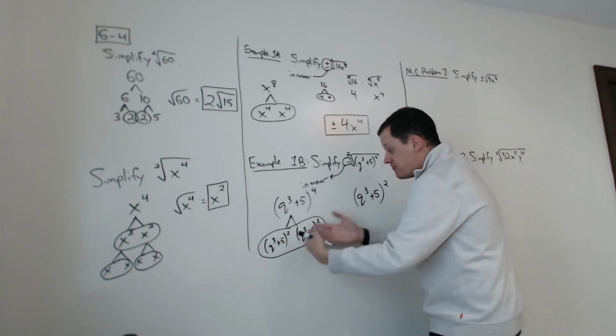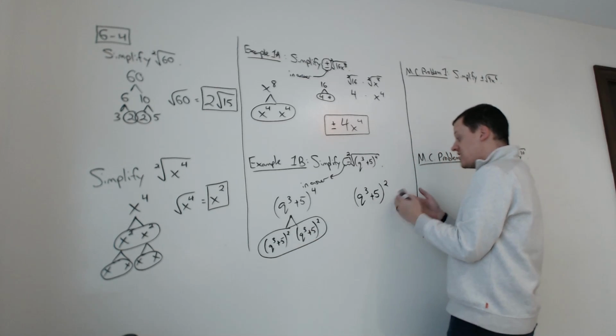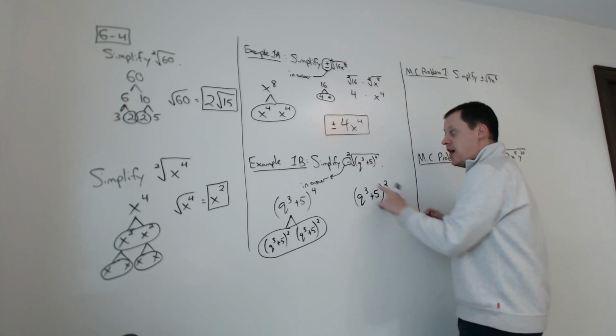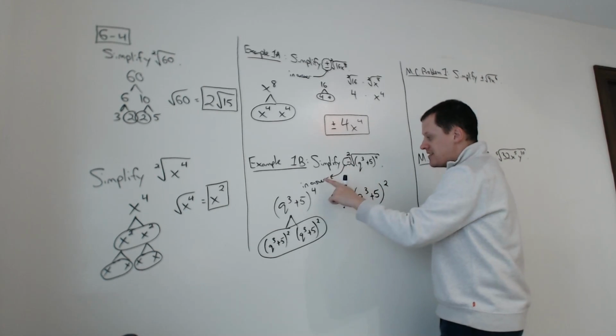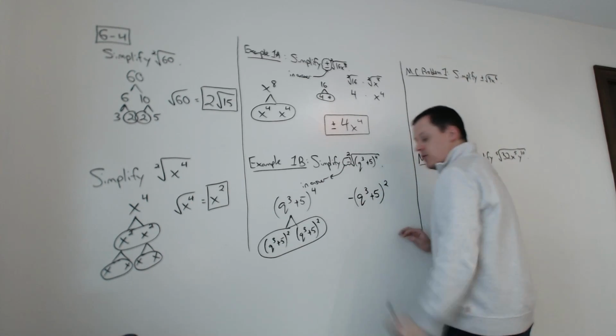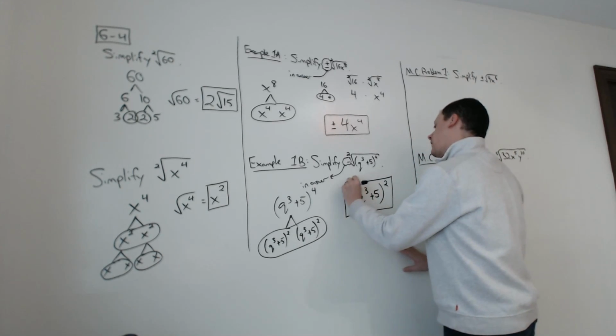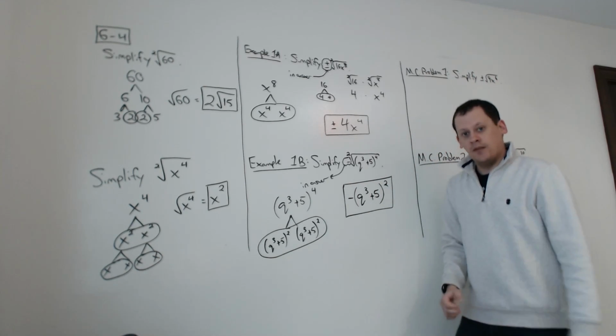There's nothing left over here. We used everything, so there's nothing still inside the root. All we have to deal with is this minus sign. We put it out front. Okay. Not too bad.